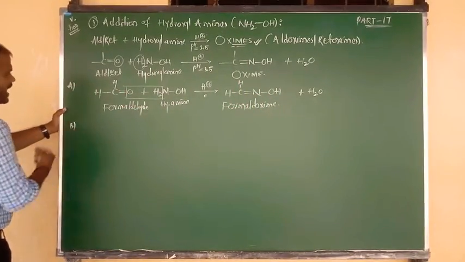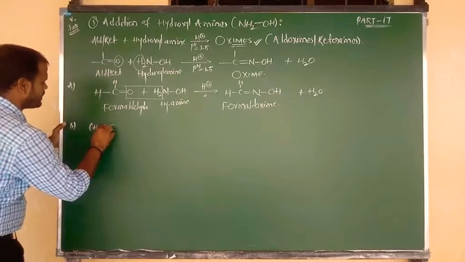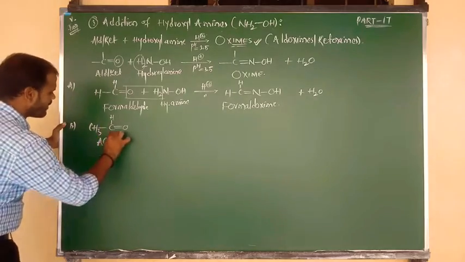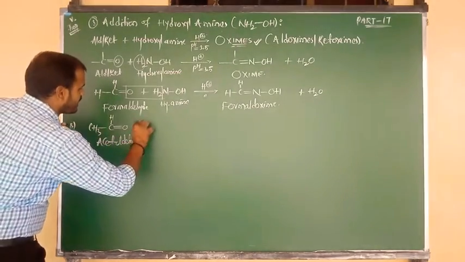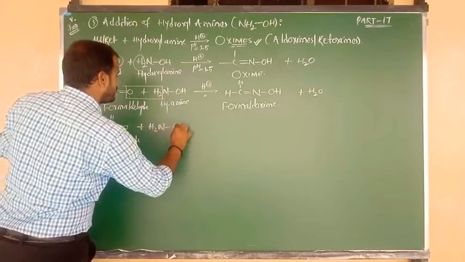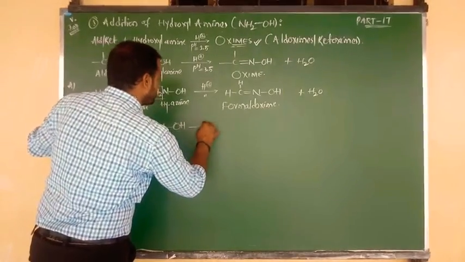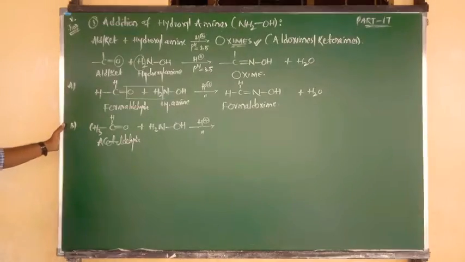Next, another example I am going to show you. Acetaldehyde: CH3 bonded to C double bond O, and above the plane is H. What is the name of this compound? Acetaldehyde. Acetaldehyde on reaction with hydroxylamine, meaning NH2 bonded to OH. The same thing: the reaction takes place in acidic medium using the same pH concept.